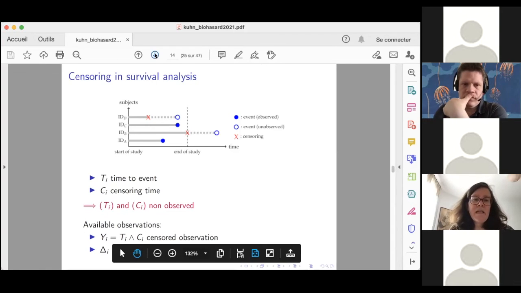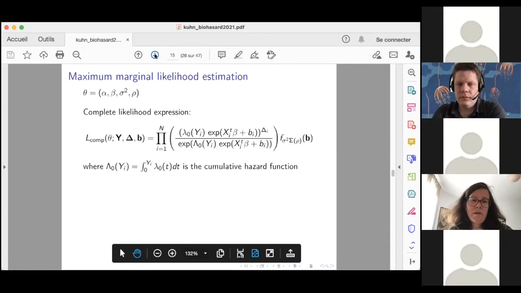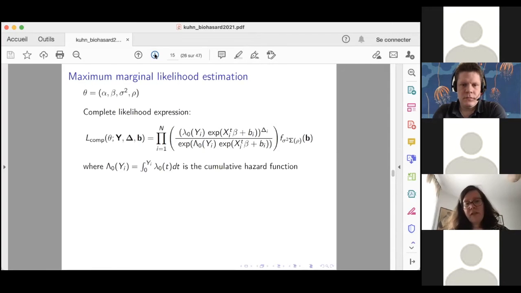Okay. So now for estimation, we will do marginal maximum likelihood estimation for the parameter theta. Marginal because we have latent variables, which are indeed the frailty terms. So we first write the complete likelihood, which has this expression.